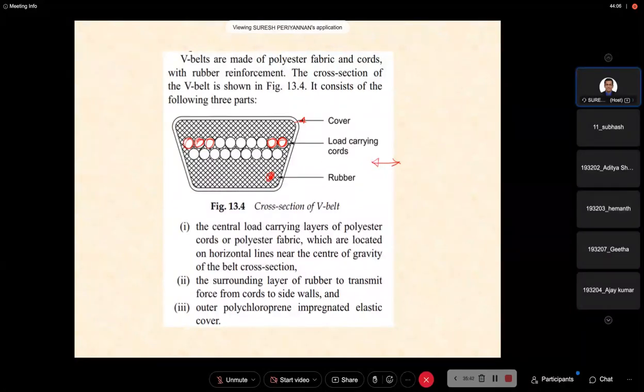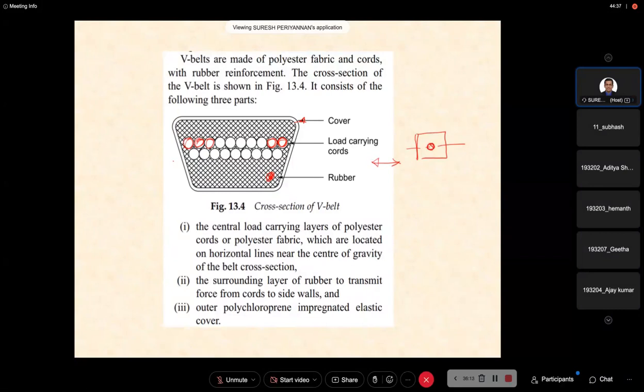Because this is a trapezoidal cross section, the polyester fabric material or cords are not located exactly at the center of the trapezoid. They are located based on the center of gravity of the belt cross section. Suppose, for our understanding, the belt cross section is square, then the cords sit exactly at the center of the cross section.